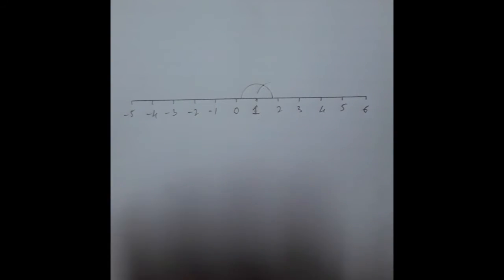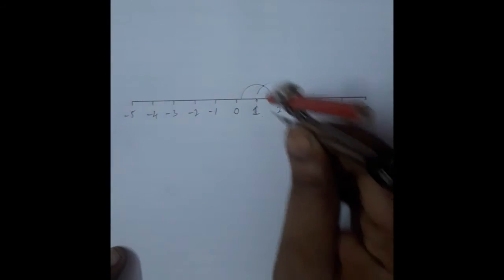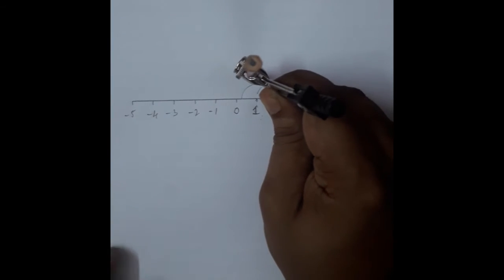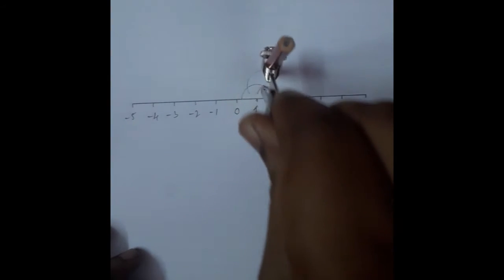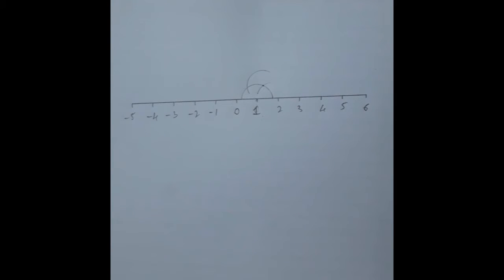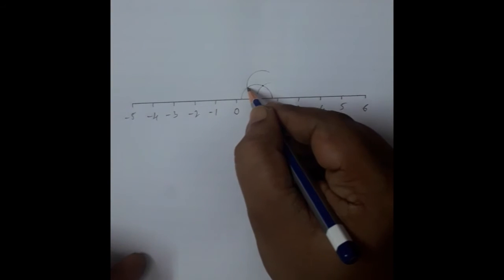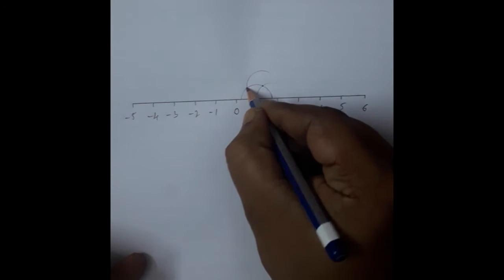Now, continuing with the same measurement that was used to form this arc, we keep the pointer over here and draw a bigger arc that cuts the semicircle once again. Fine. Now where this big arc cuts the semicircle, make another point.